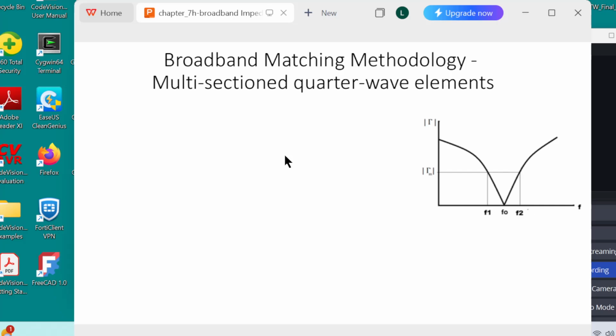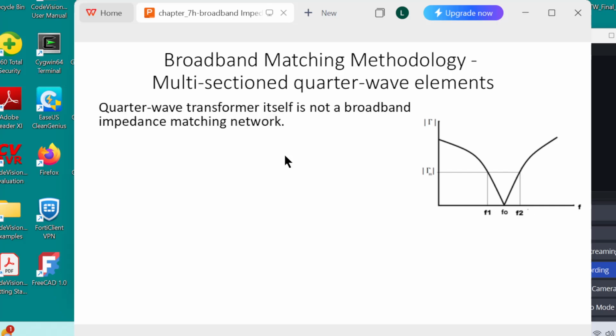Now, before moving forward, let's review what we have learned from the single stage quarter wave transformer. We know the bandwidth is not going to be good. The left side is the plot of the reflection coefficient against frequency.